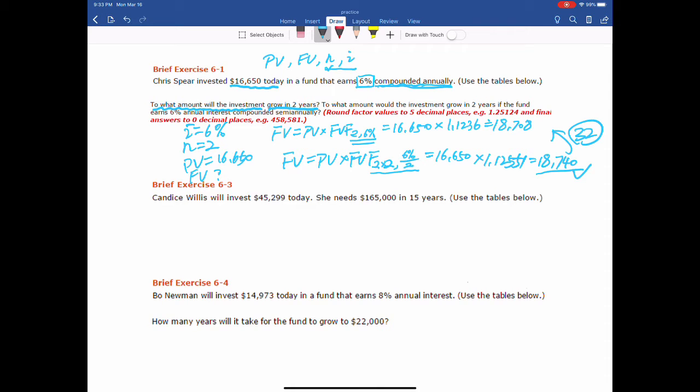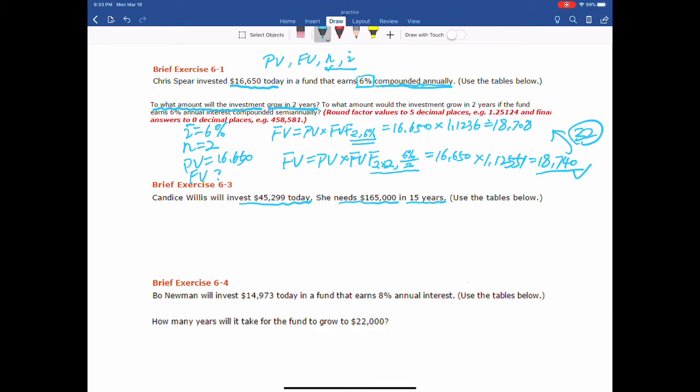Now let's move on to the next one. So this is a question: this person invests this amount today, and she needs this amount in the future. How many years? 15.